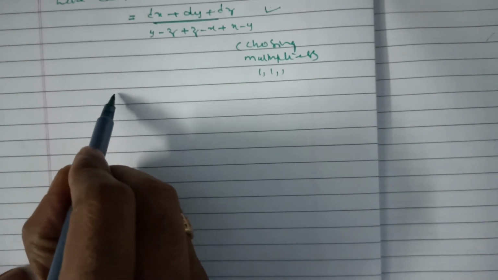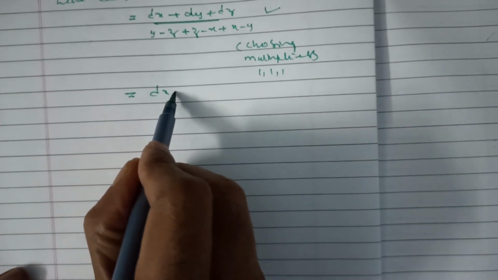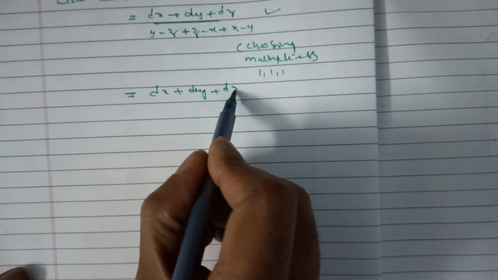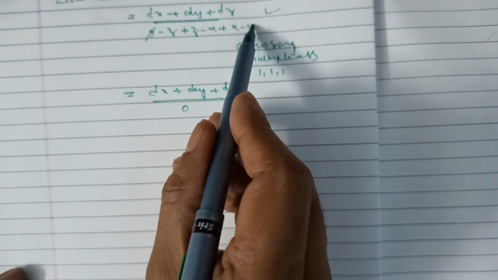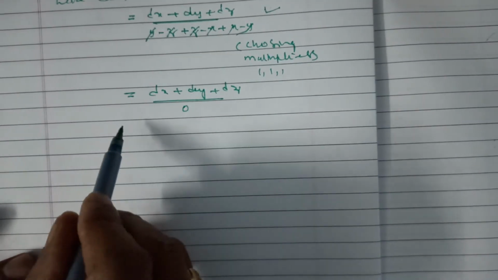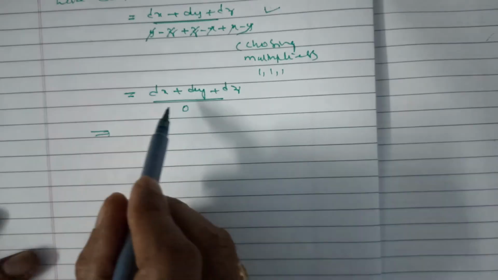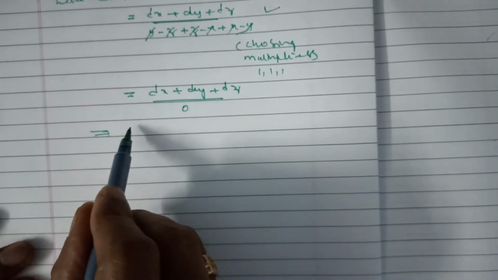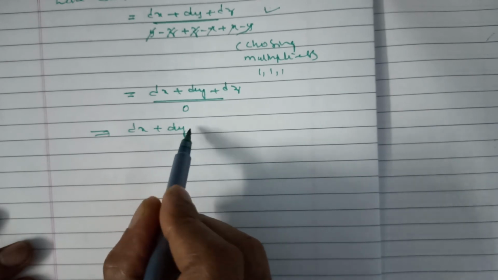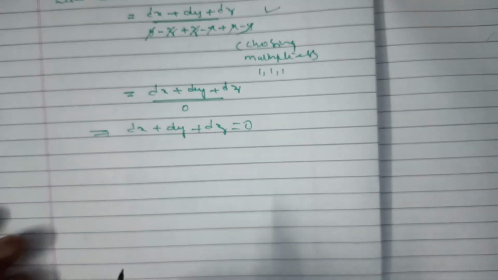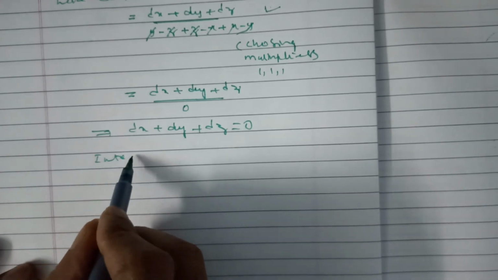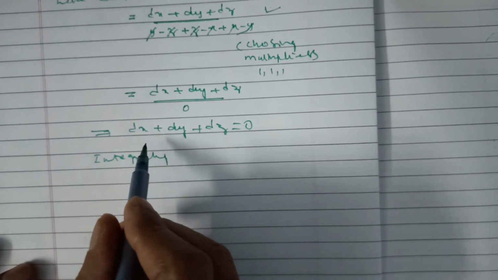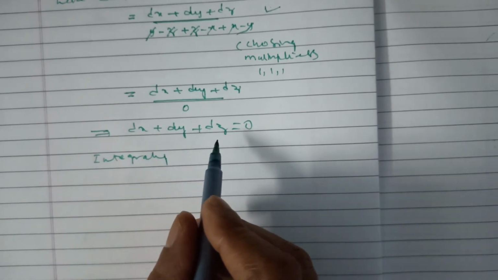So this ratio will be equal to dx plus dy plus dz divided by 0, because all the terms cancel. This implies, taking the cross multiplication of each ratio with this, it will be 0. The remaining will be dx plus dy plus dz is equal to 0. So it is in variable separable form: dx terms at one place, dy terms at one place, dz terms at one place.